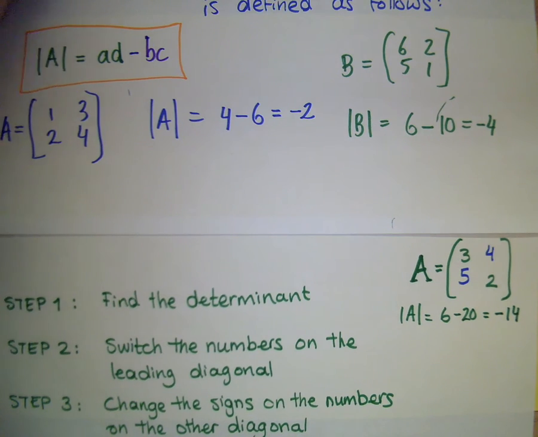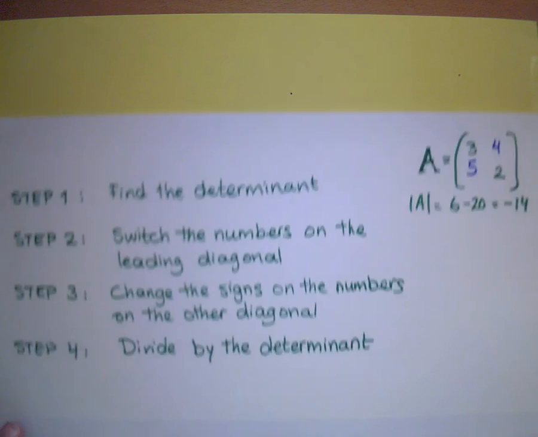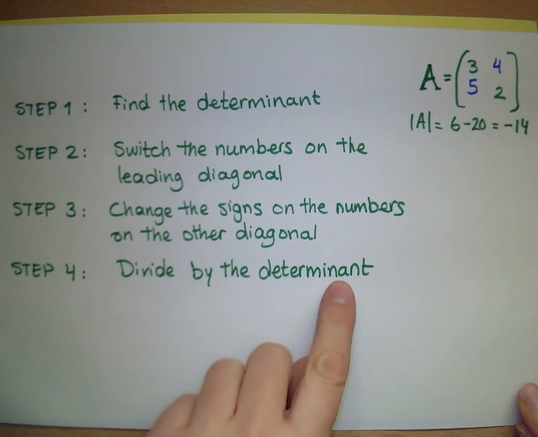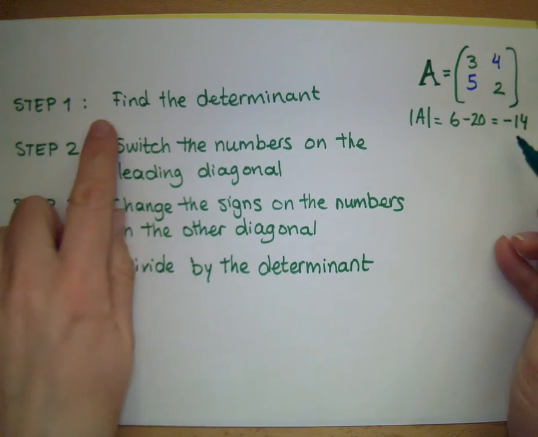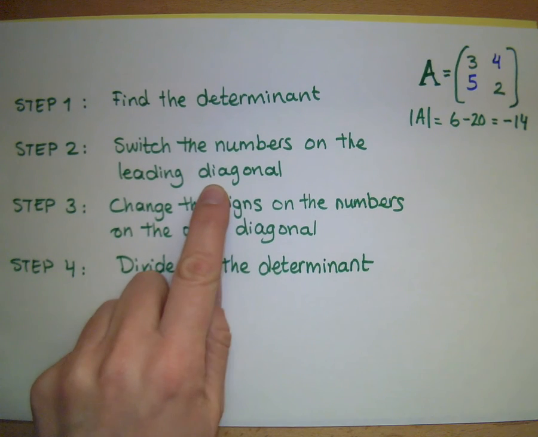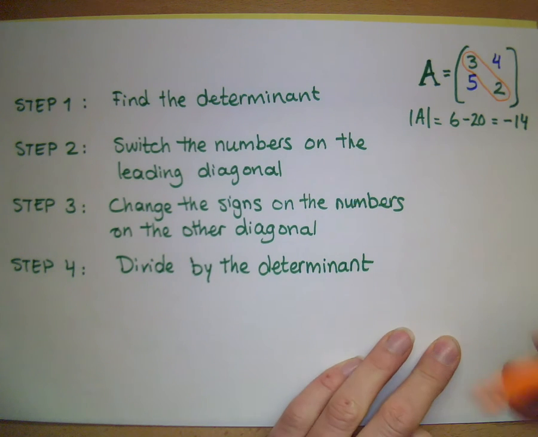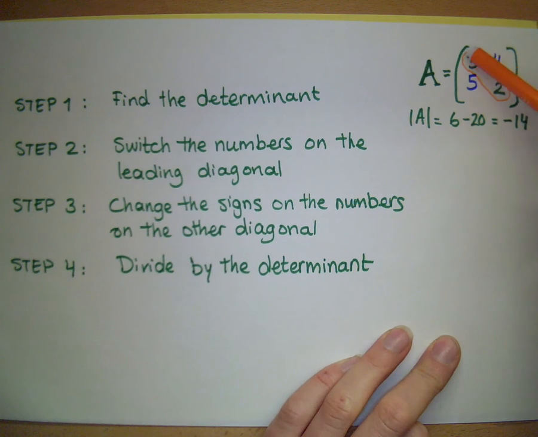We keep that information until step 4, where we use it. Okay, that was step 1. Then we switch the numbers on the leading diagonal. The leading diagonal starts on the top left corner and goes down like that.